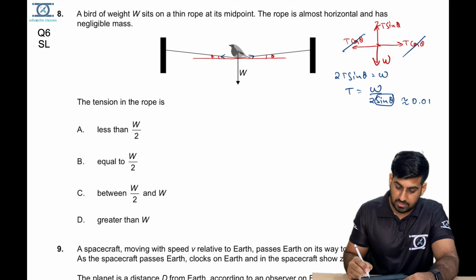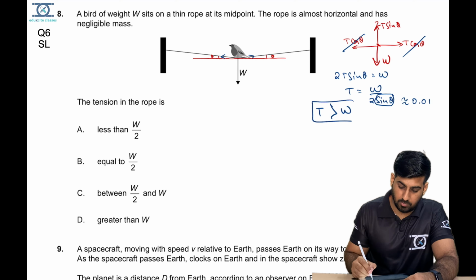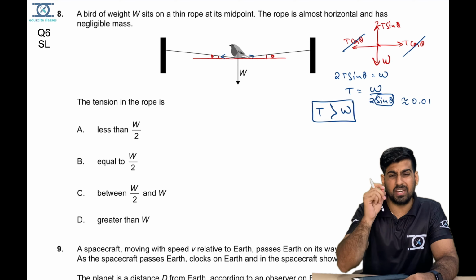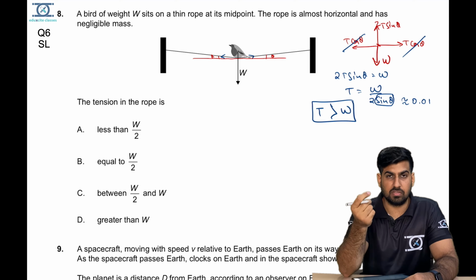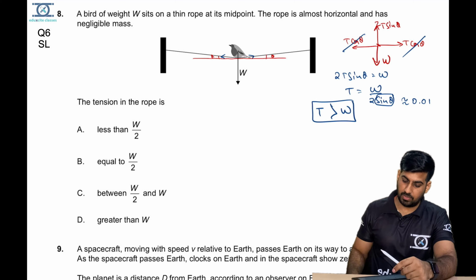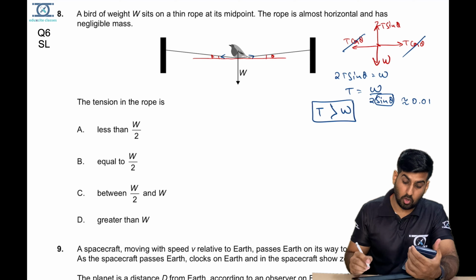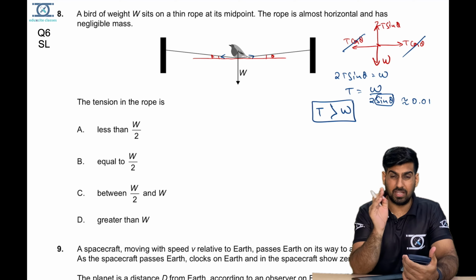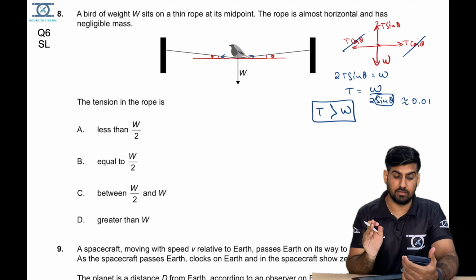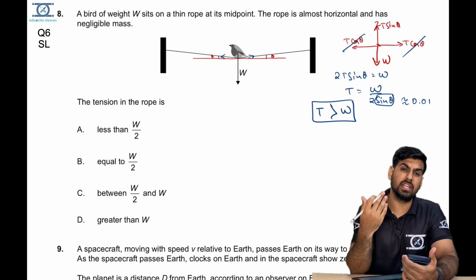Now if you multiply this, you will get tension greater than W. You can check for a very small angle, like if theta is equal to 1 degree. I have a calculator with me. Almost horizontal means it is very near to 0 degrees, not exactly 0 but near. So I am assuming theta as 1 degree.